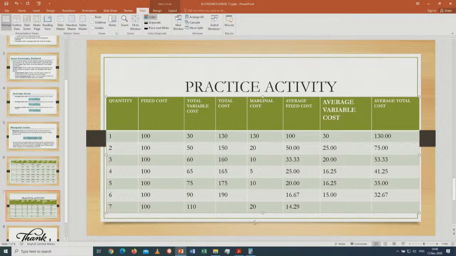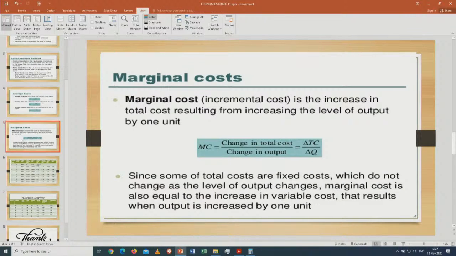And then if we are supposed to do the marginal cost, what did you say the marginal cost is? The difference between the two. So the difference between these two would be, yes, the difference 190 minus 175. That is what we are supposed to do.